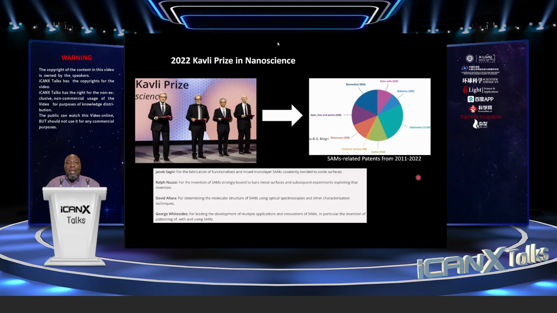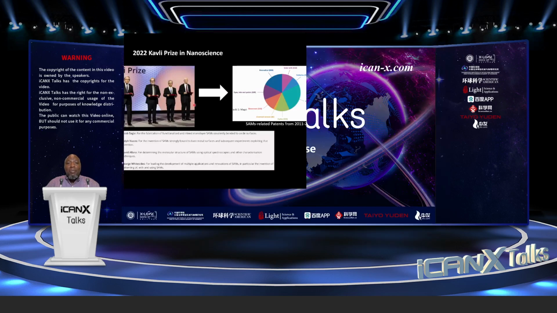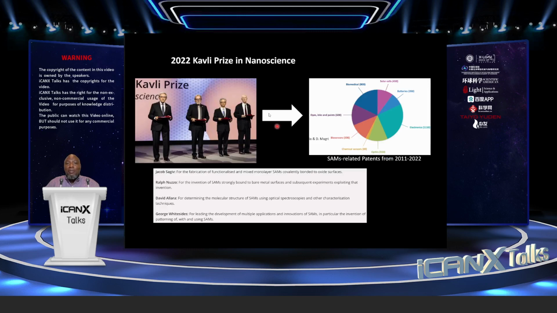Now, from those very early beginnings, we started using different substrates instead of water, and looking at the so-called Langmuir monolayers, to more chemisorbed monolayers where we can attach molecules on a surface, and that's what these four gentlemen brought to us.